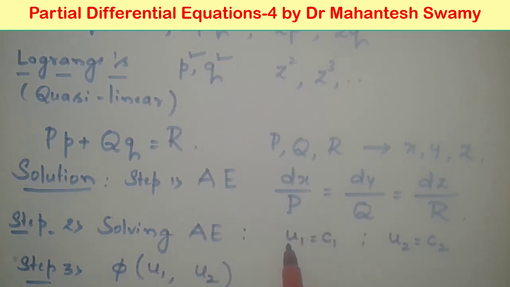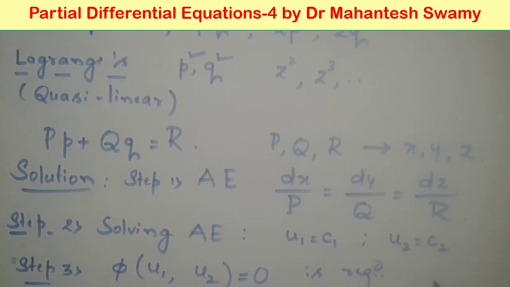We have to take c1 to this side, it becomes u1 minus c1 equal to 0, u2 minus c2 equal to 0, and thereby phi of u1 comma u2 equal to 0 is called the required general integral or general solution of the given PDE. So this is the method of solution of the Lagrange linear PDE.